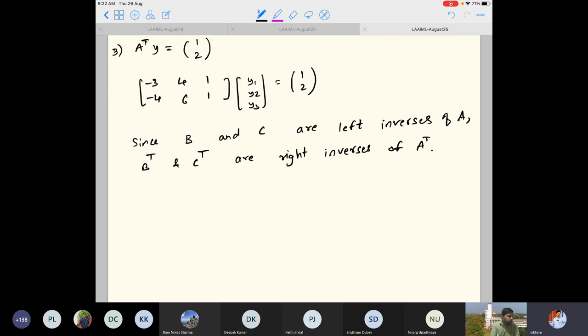Correct. So what are the solutions? B transpose into 1 2 can be a solution. So this is one solution. Similarly, C transpose into 1 2 will also be a solution.